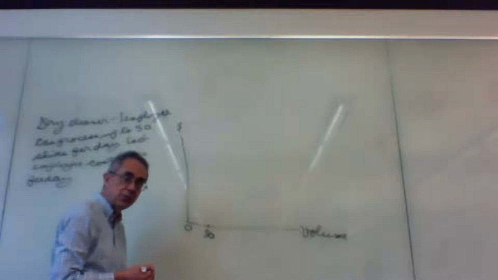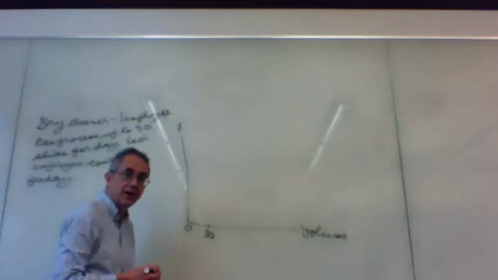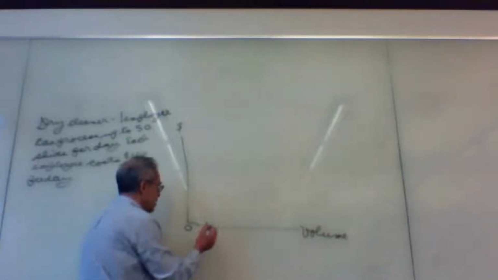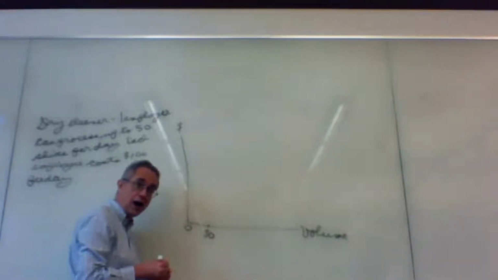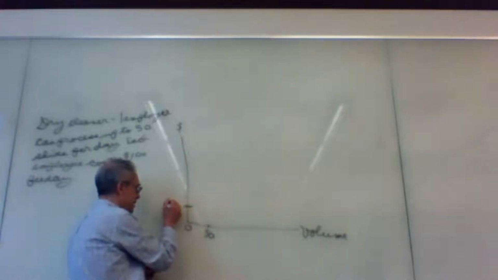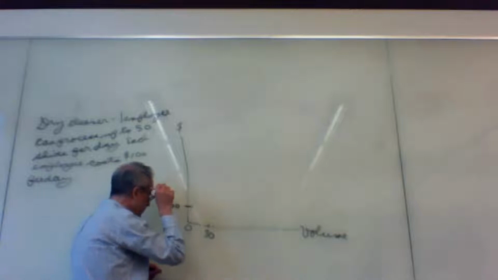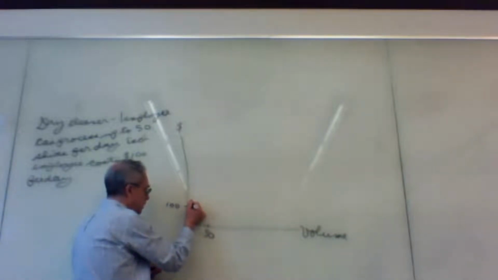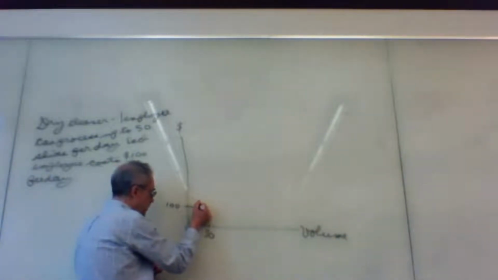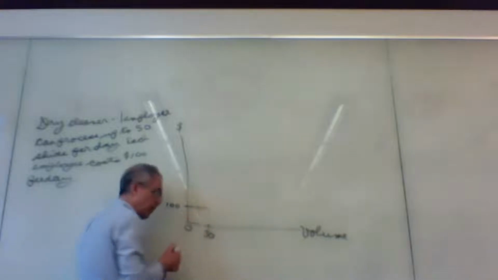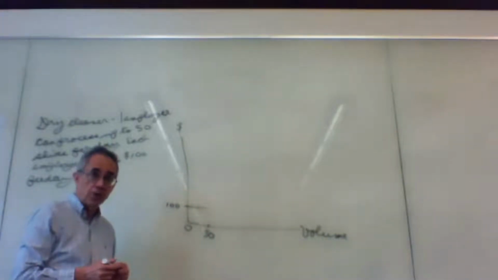Now, if we have from 1 to 50 shirts, how many employees do we need? 1. So at a cost of how much? $100. That's 100 right there. Well, for 1 to 50 shirts, we need this 1 employee. Cost $100 again.